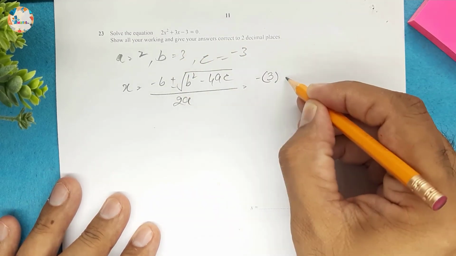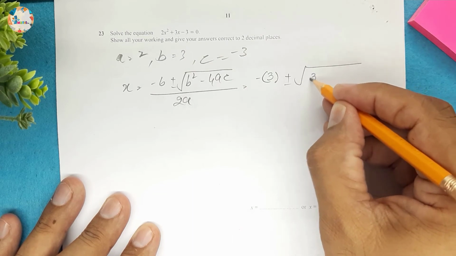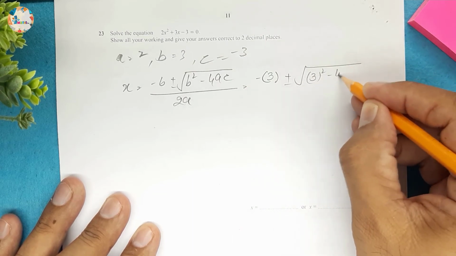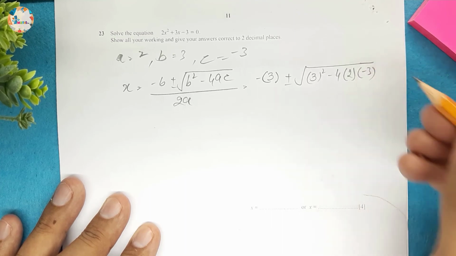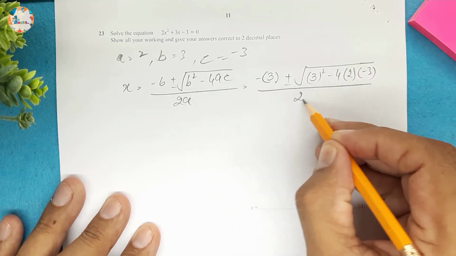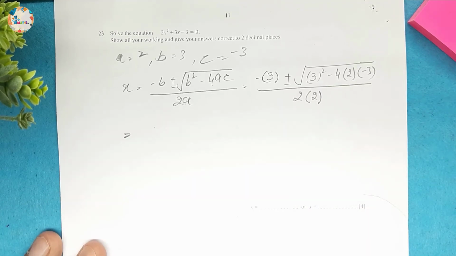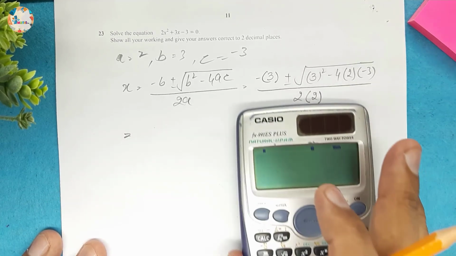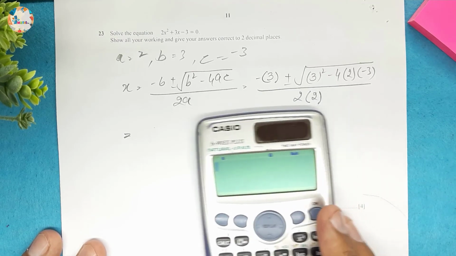So minus 3 plus or minus the square root of 3 squared minus 4 times 2 times minus 3, over 2 times 2. Now we can use the calculator to solve these values, and they will be the same as those we got earlier with the calculator.